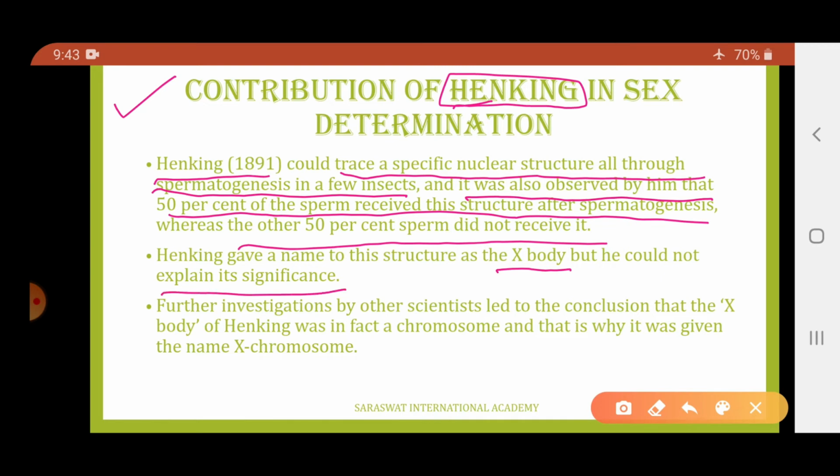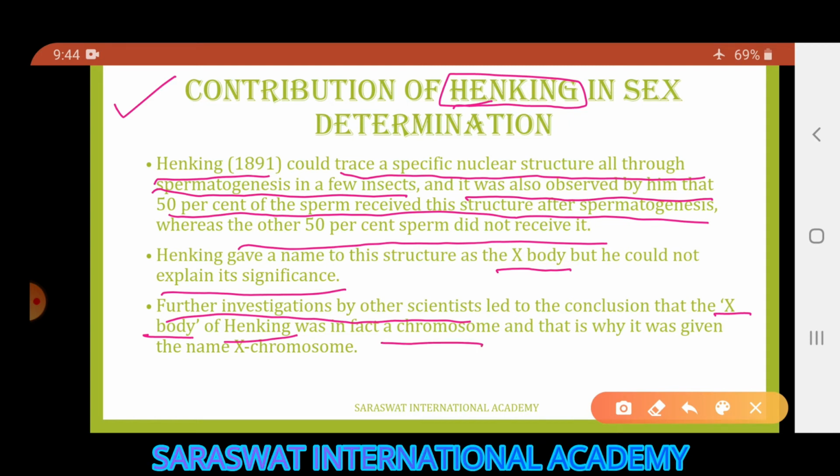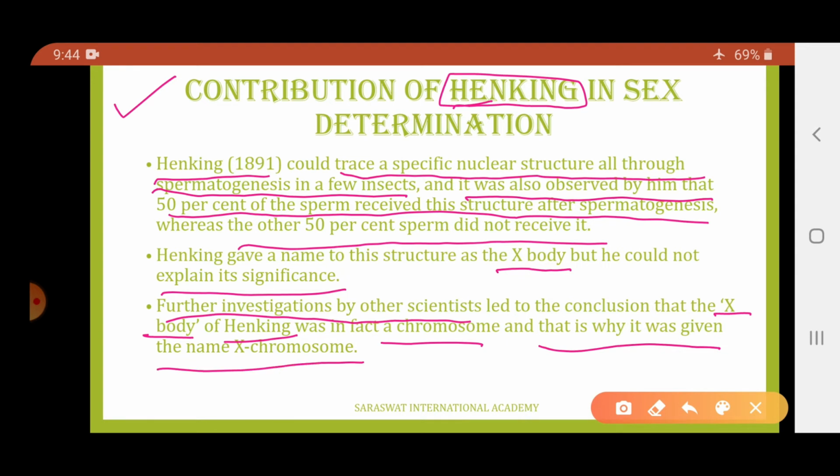Further investigations by other scientists led to the conclusion that the X body was nothing but a chromosome, and that was why it was given the name X chromosome.